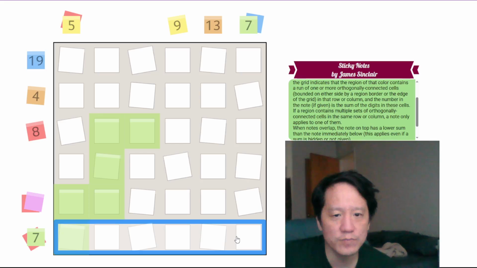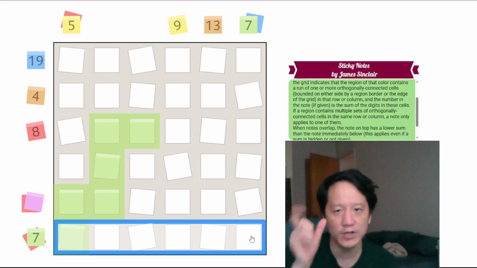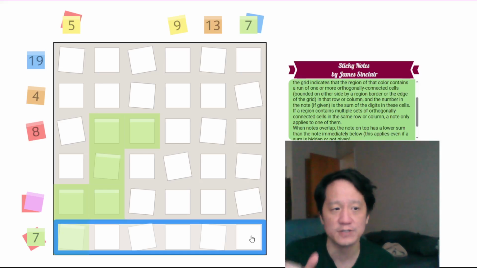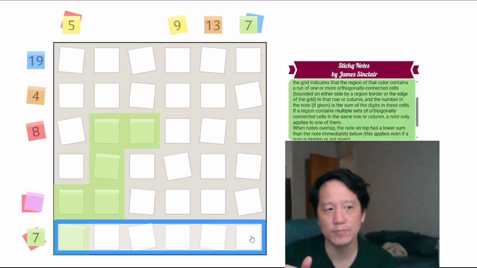And this clue here would mean that there has to be a run of green cells, which must add up to 7. That must be less than a run of red sums in this row.